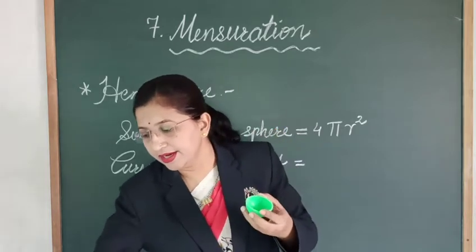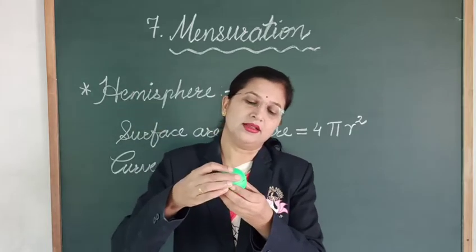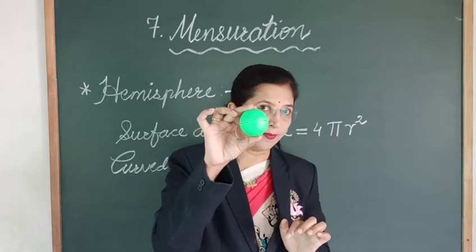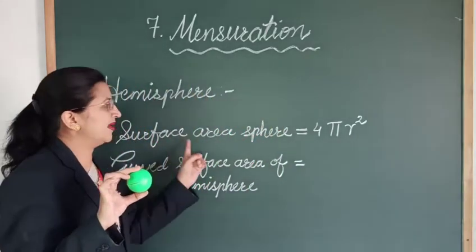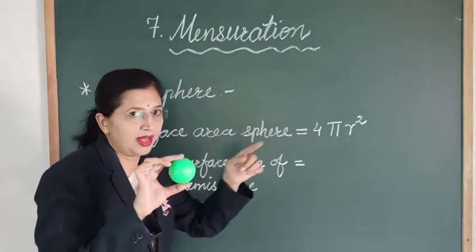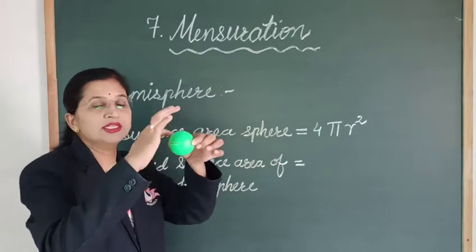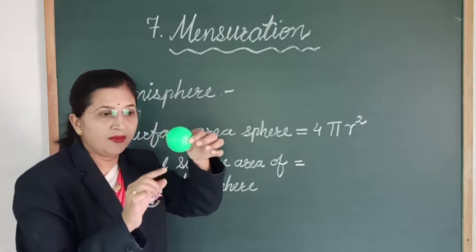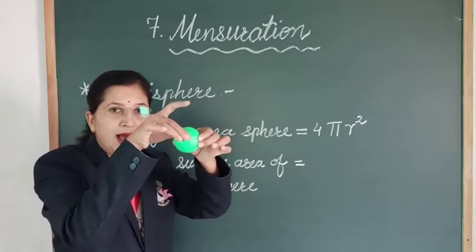As we know, the surface area of a sphere is 4 pi r square. So this whole area is 4 pi r square, and from that we take the half only.